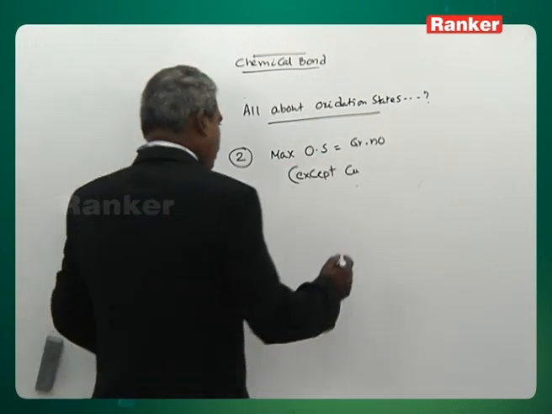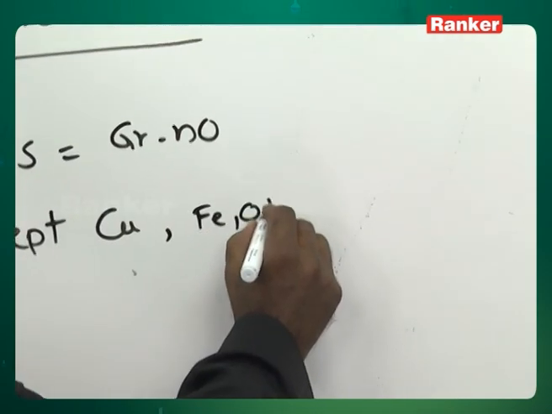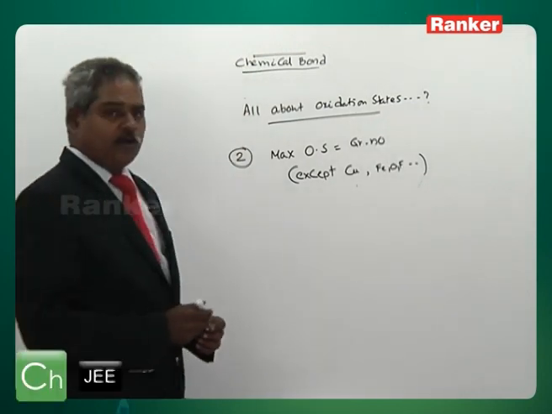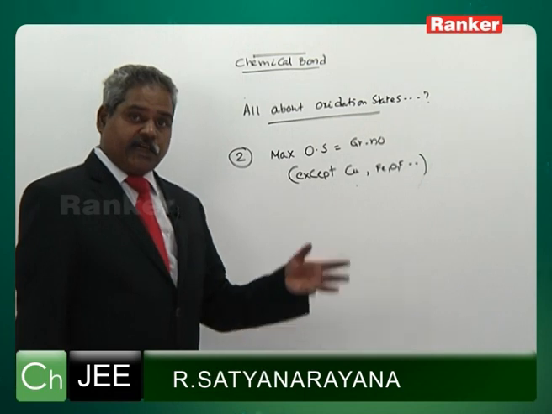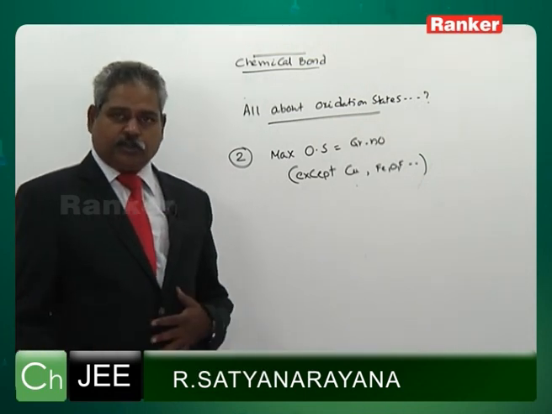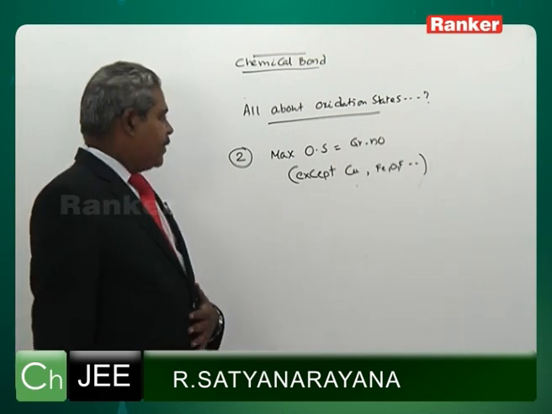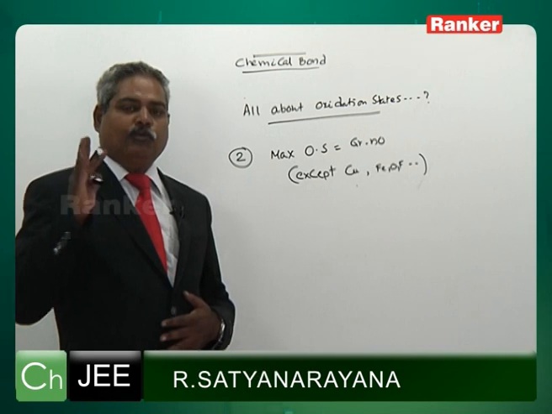So to some extent, copper, iron, oxygen, fluorine, they are not much of an exception, because iron belongs to the 8th group, it is permitted to exhibit +8, but it doesn't exhibit. If it crosses the limit, then you can say it is an exception. So, maximum oxidation state cannot exceed group number.